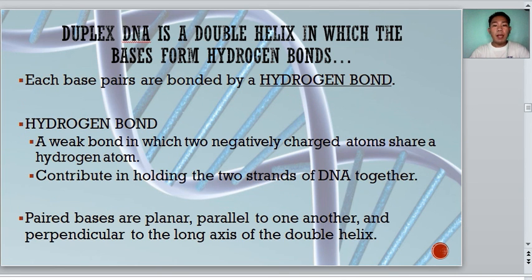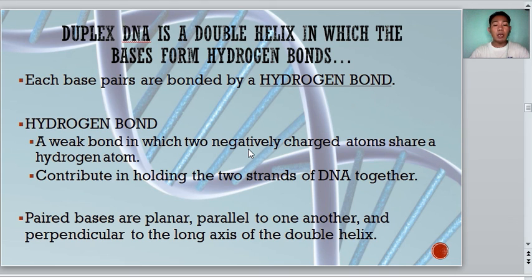To stabilize the double helix structure of DNA, the base pairs are bonded by what we call a hydrogen bond. A hydrogen bond is a weak bond in which 2 negatively charged atoms share a hydrogen atom.